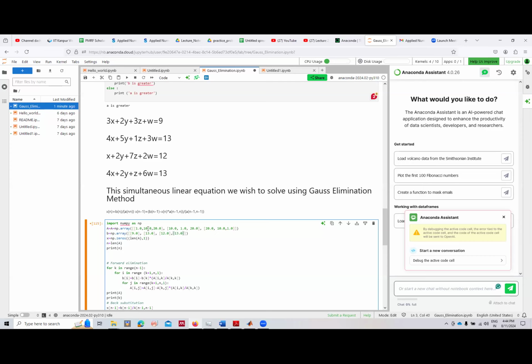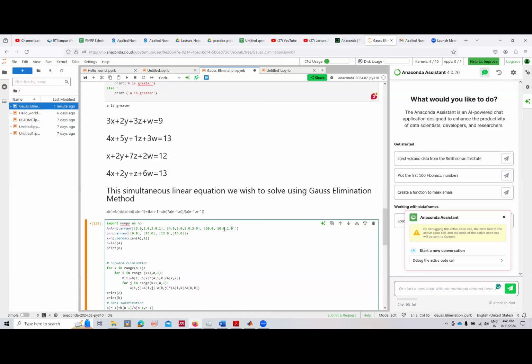What is my A matrix? The A matrix is 3, 2, 3, 1. What is my second row? My second row will be 4, 5, 1, 3.